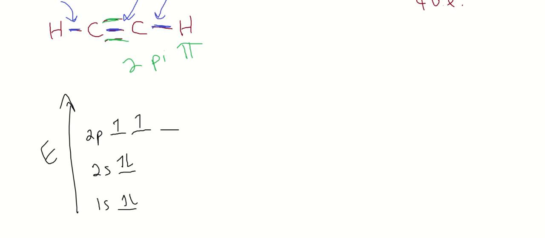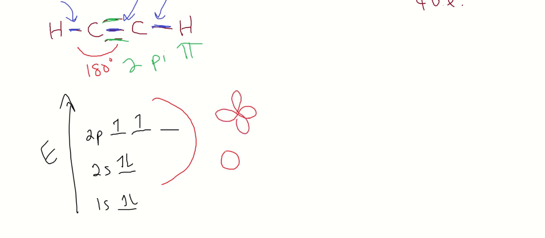Now, in order to have bond angles around this central carbon that are 180 degrees, you can't do that with these sets of orbitals. You can't have one spherical shape, and you can't have 3 dumbbell shaped.